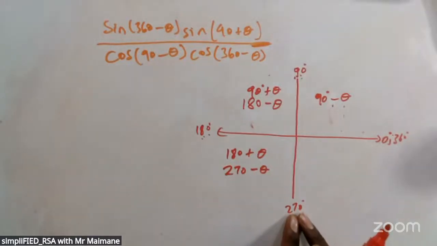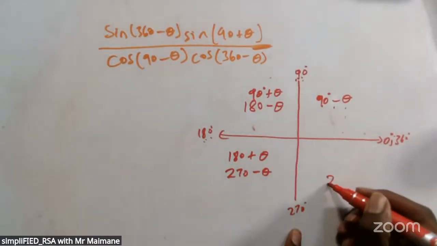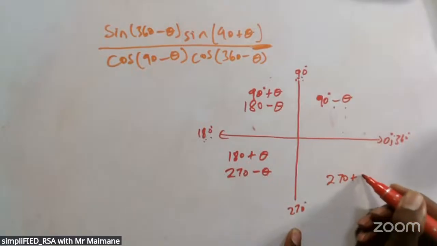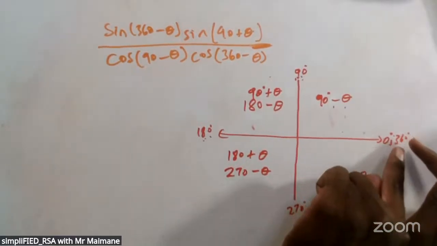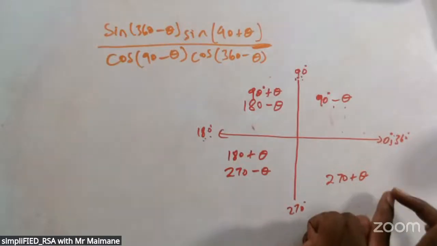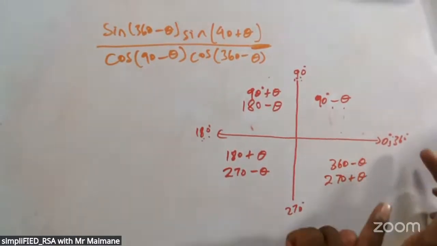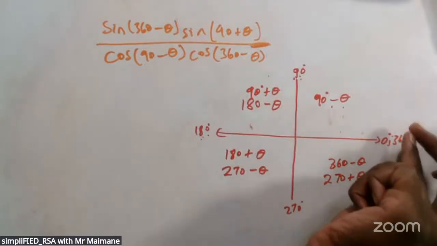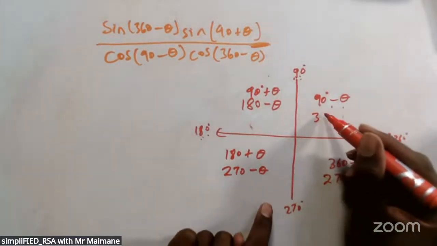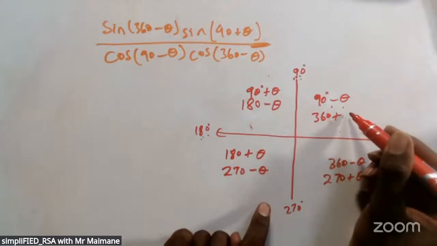From here we are adding again, 270 plus theta, while we are subtracting from 360 after completing, coming down. That is 360 minus theta. But from 360 we can add going forward again, and now it becomes 360 plus theta.